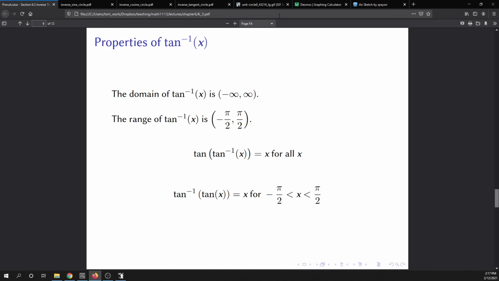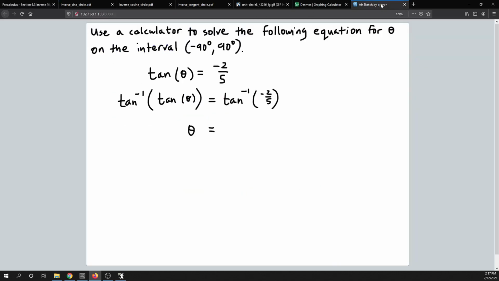And in this problem, that is where we are operating, right? They tell us from minus 90 degrees to 90 degrees, okay? So it has this property that tan inverse of tan theta on that interval, these are inverses of each other, and so we will just get theta in there.